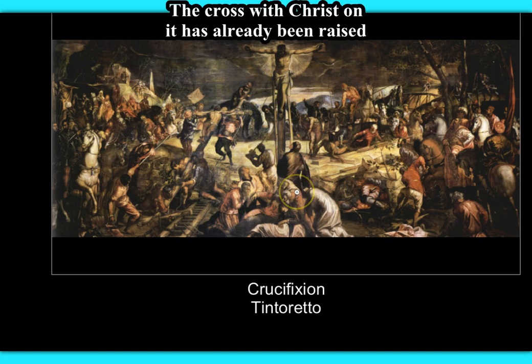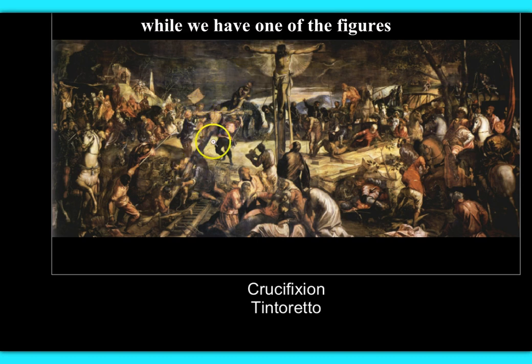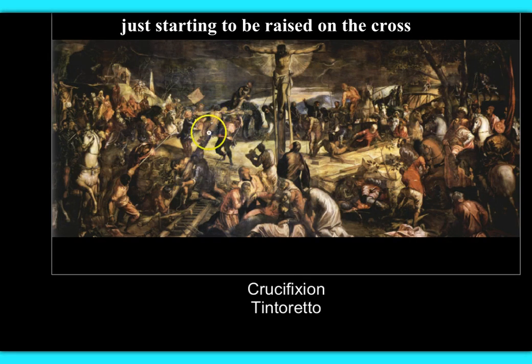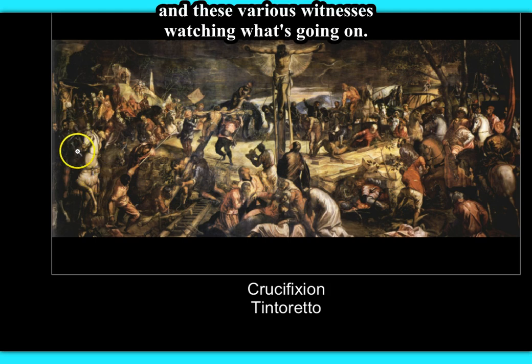The cross with Christ on it has already been raised, and Christ obviously already attached to it, while we have one of the figures that will be crucified alongside Christ just starting to be raised on the cross. And you can see the physical effort involved in raising the cross, and these various witnesses watching what's going on.